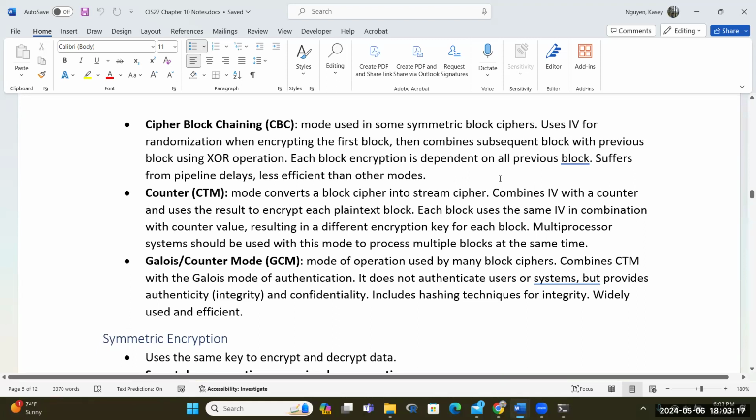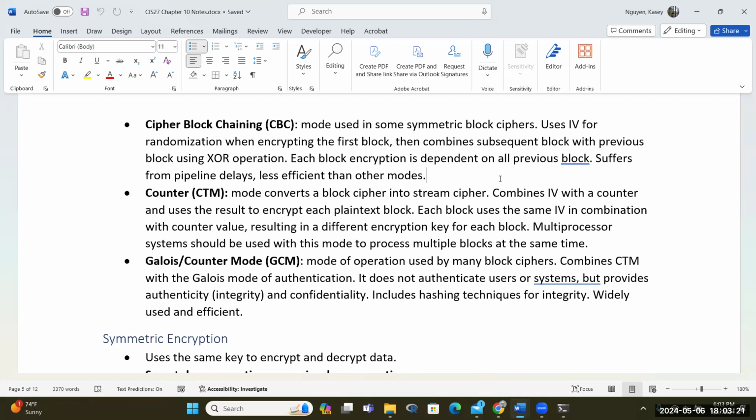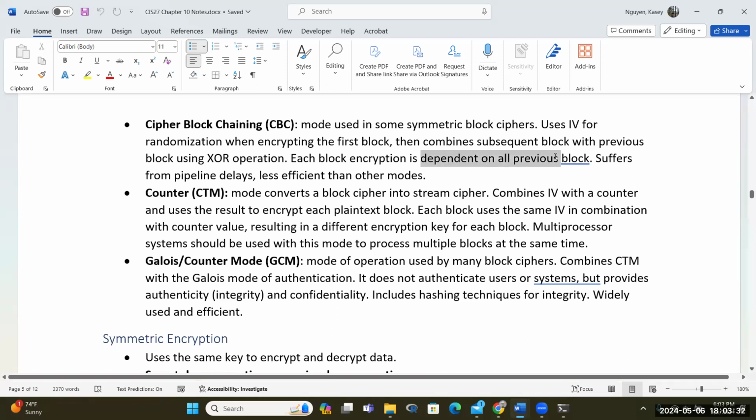My analogy for it is like having 10 rooms, right? In order to enter room number 10, you have to first enter room 1, then open room 2, and so on, right? And that's how it encrypts and decrypts. So it's dependent on the previous block. I cannot open 3 without 2. I cannot open 2 without 1, right?